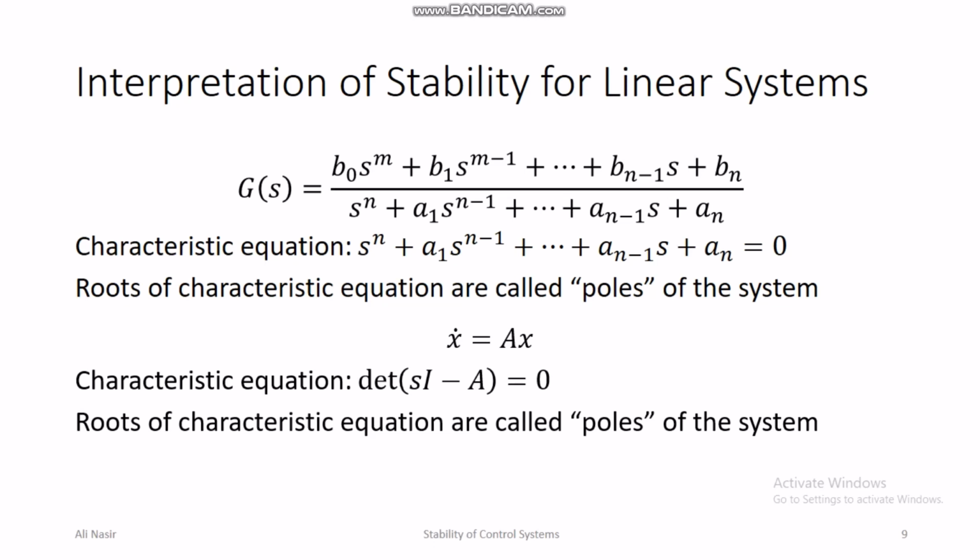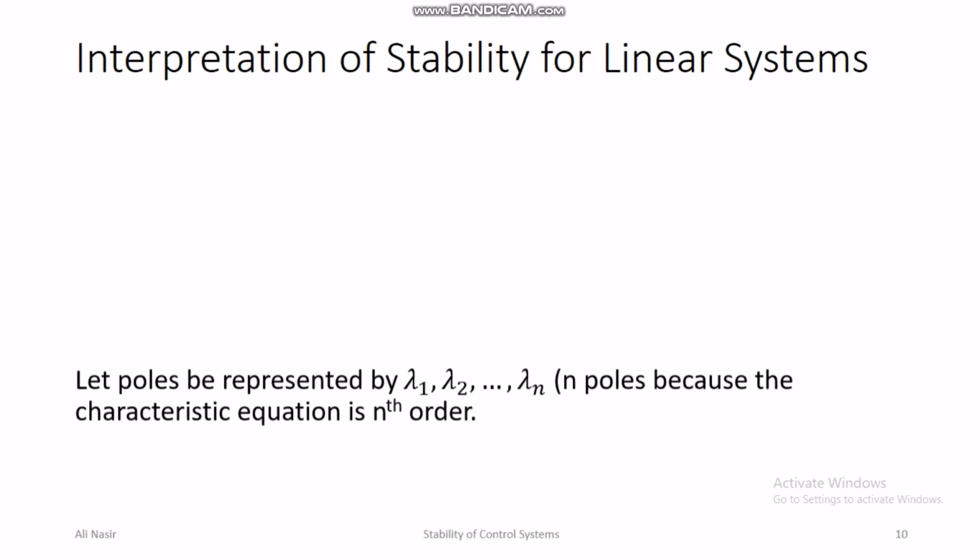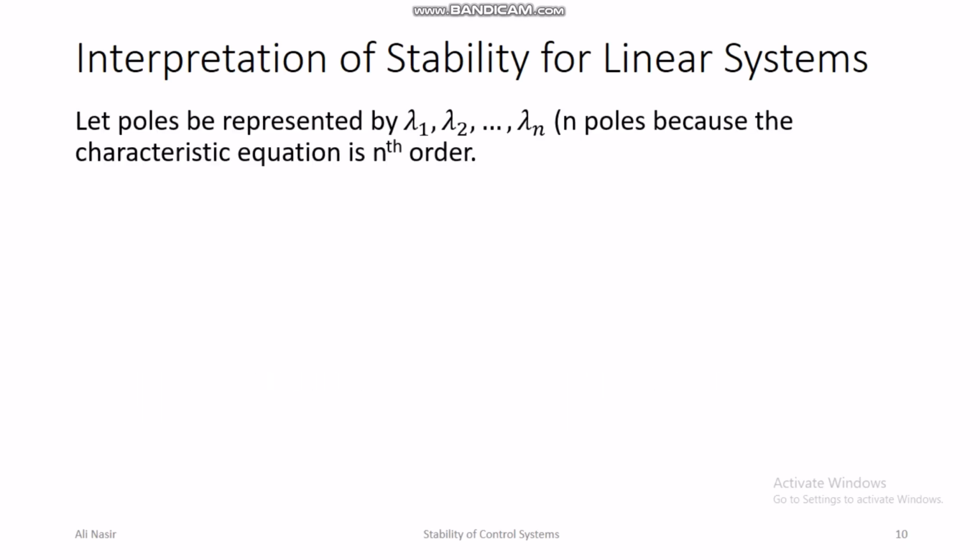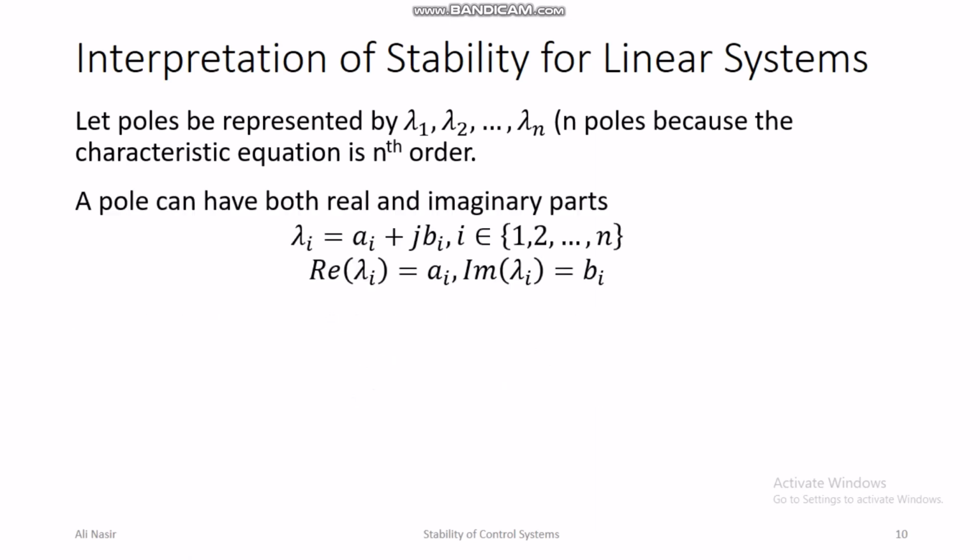Okay, now let us look at the poles in a little bit more detail. Let us suppose that you have an nth order transfer function, and then an nth order characteristic equation will have n poles. So if you have n poles, call them lambda 1, lambda 2, lambda 3, and so on up to lambda n. Then each pole can have real or imaginary parts.